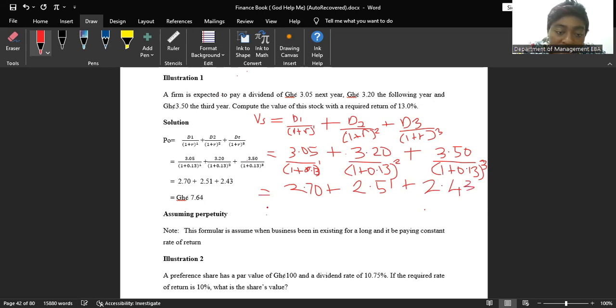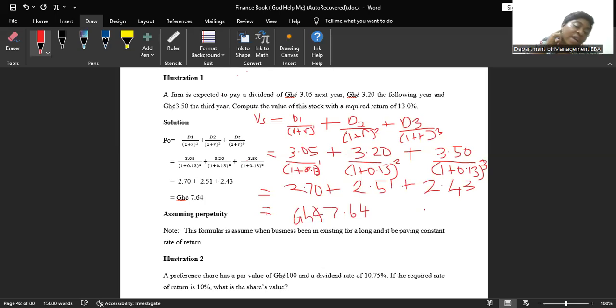At the end of the day, we are getting 7.4, all in Ghana cedis.